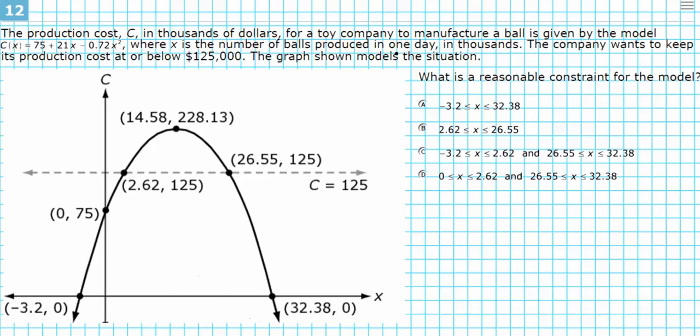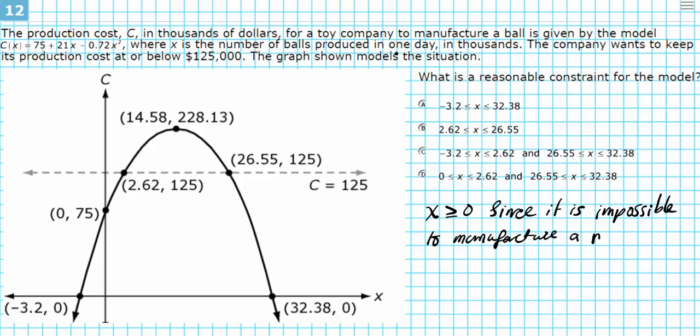Okay, so that tells us that x has to be greater than or equal to 0 since it is impossible to manufacture a negative number of balls.